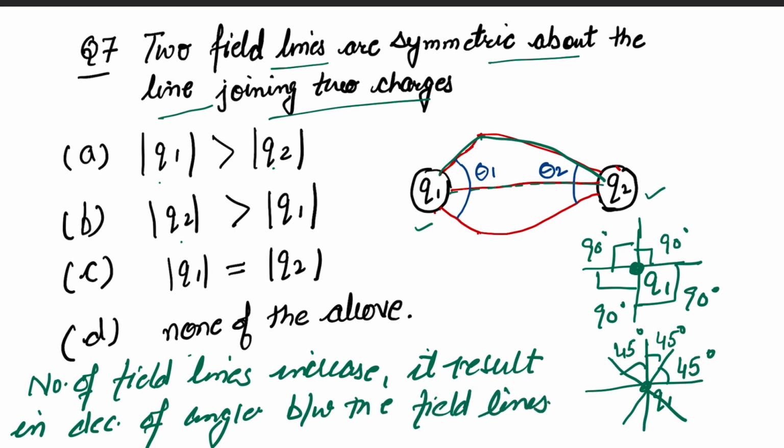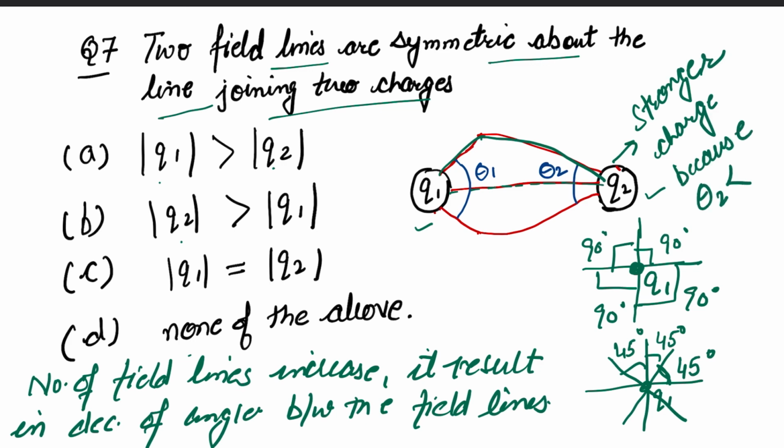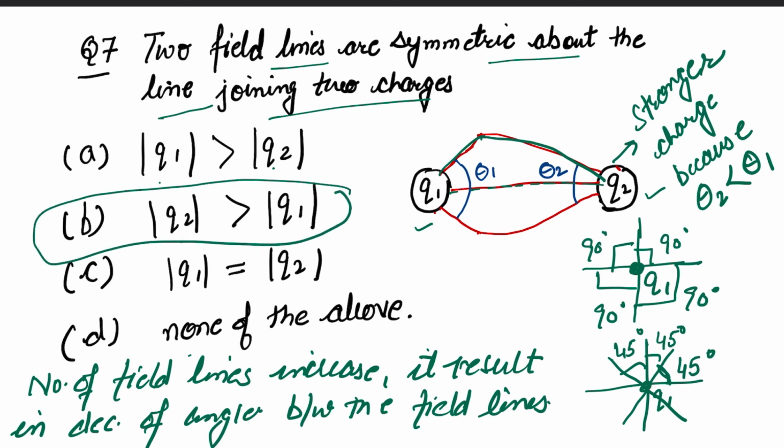If your charge is stronger, it has greater strength, then the angle between the field lines will be smaller, right? So Q2 is a stronger charge because theta 2 is less than theta 1. So which option is correct? Option B is correct, which says that Q2 is greater than Q1.